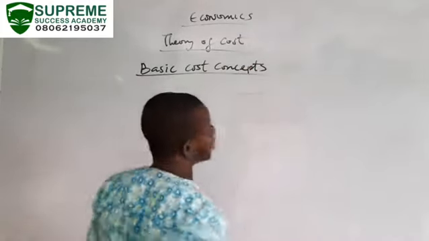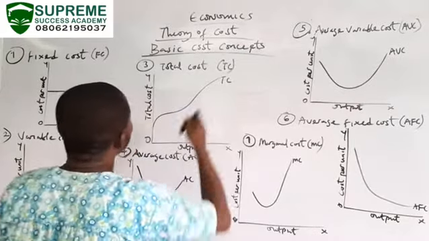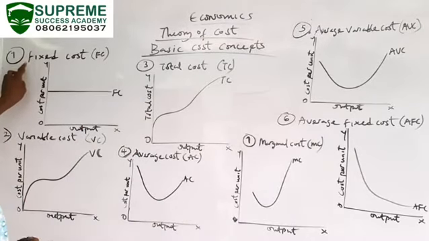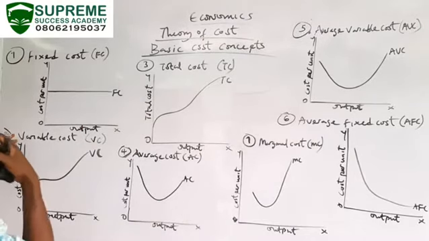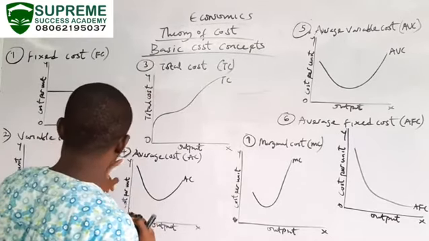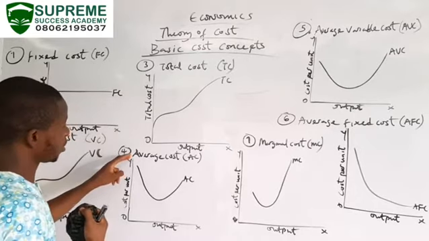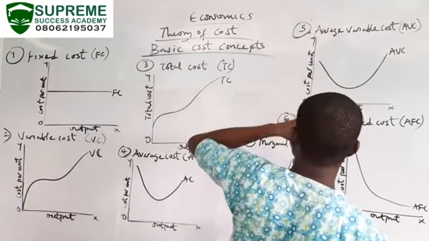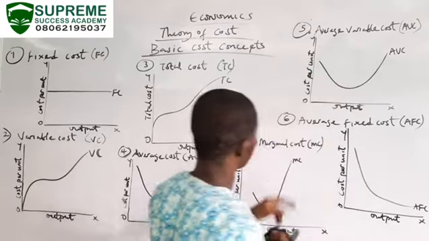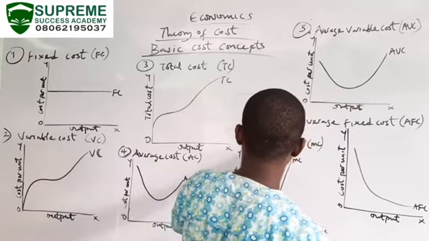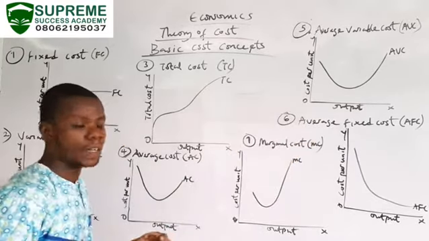Under the basic cost concept, I'm going to discuss fixed cost, variable cost, total cost, average cost, average variable cost, average fixed cost, and then the last one, marginal cost.